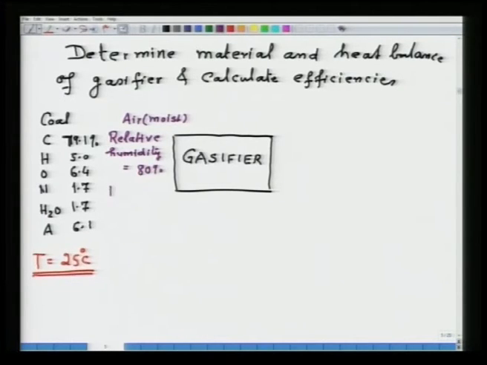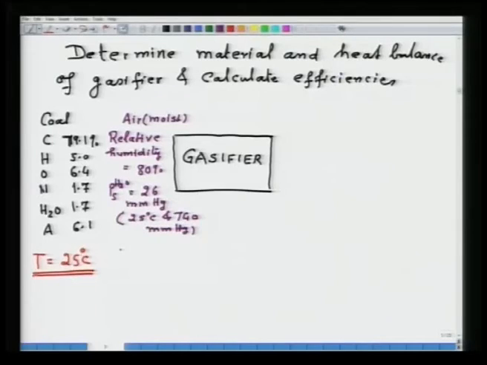And the vapor pressure at saturation is given, equal to 26 millimeter mercury at 25 degrees Celsius and 740 millimeter pressure. That means the pressure around the gasifier is not 760, but it is 740 millimeter.